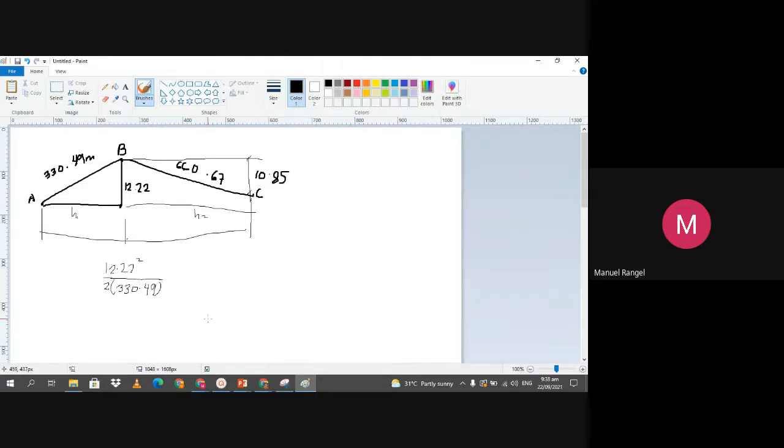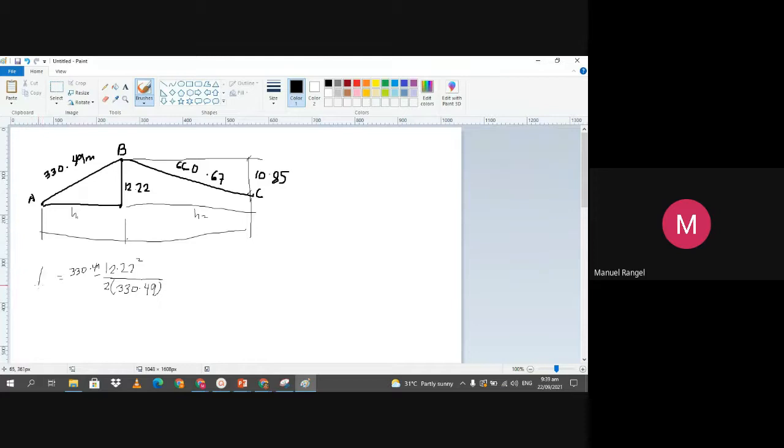Then our formula for H1 is equal to S minus CH. So the slope distance 330.49 minus this slope correction.